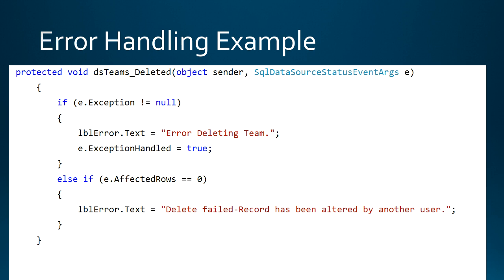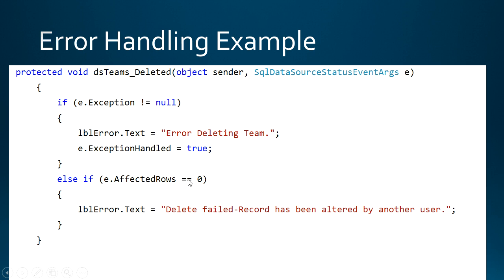Alternatively, we can actually access the message coming back from the database, but you wouldn't want to show that to the user because we've seen it's very cryptic, very text-speak sort of an error message. It would just scare the end user to see something like that. So we'll give some kind of a message to the user by setting the text property of our label, and then we'll also make sure that ExceptionHandled is set to true.